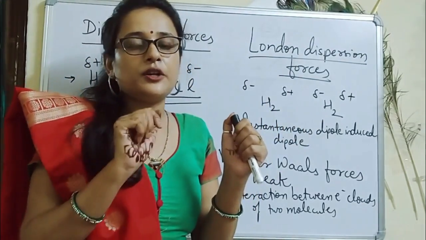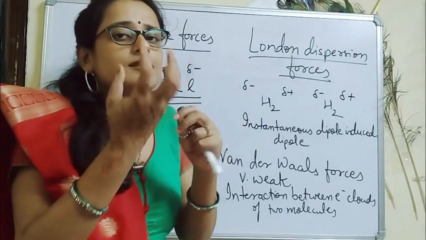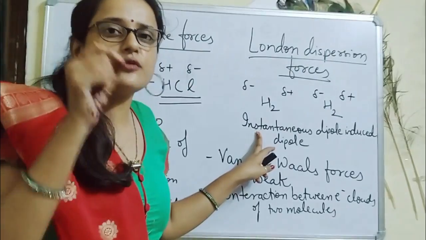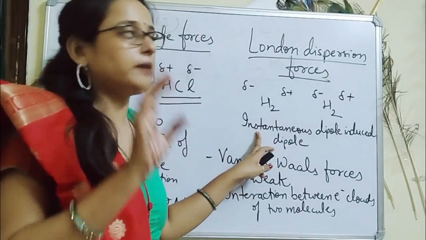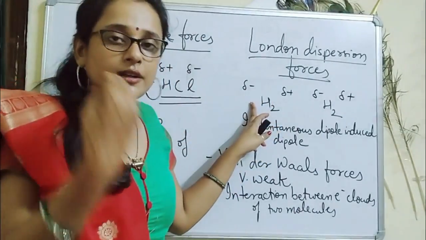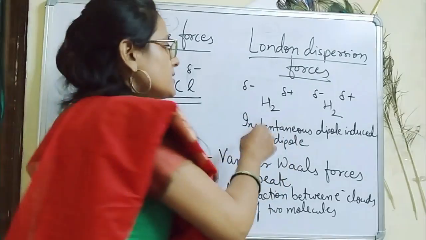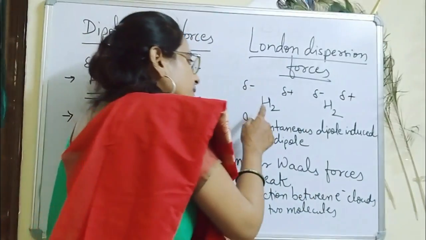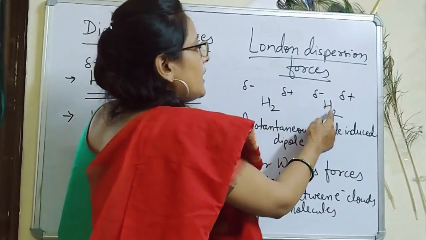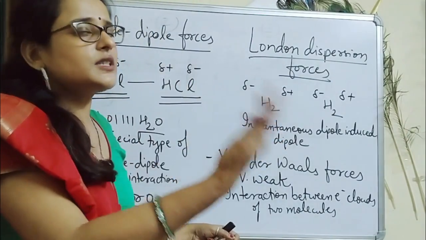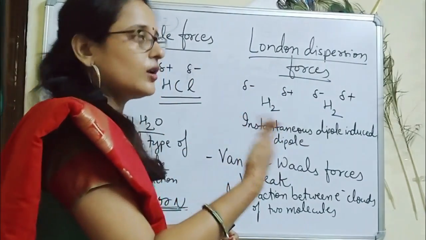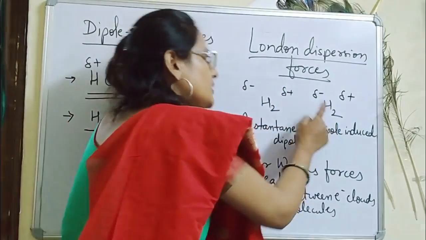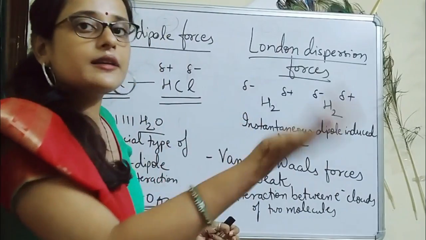But for that short period of time, this non-polar molecule has developed a slight polarity, but that polarity is for an instantaneous moment. It is for a very, very short period of time. But this non-polar molecule has converted itself into a dipole, and if such a dipole comes in contact with another hydrogen molecule which is normal, which is not undergoing such a scenario, then due to this instantaneous dipole, this hydrogen will be converted into an instantaneous dipole.